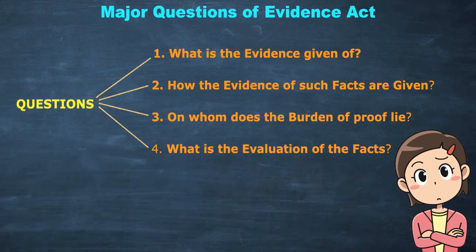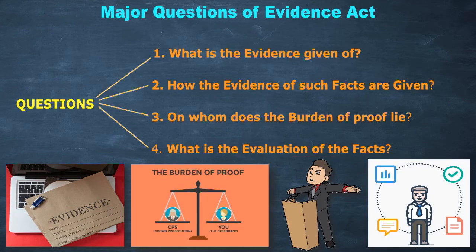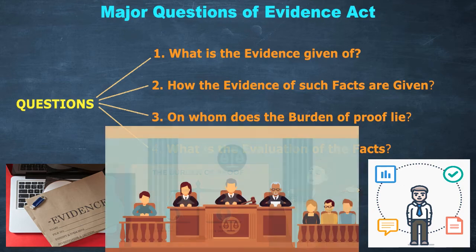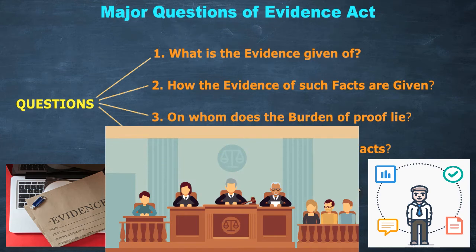So basically these four questions are very significant in the court proceeding of an offense. Fundamentally, these four questions are very important, especially when court proceeding is going on in respect of any offense.